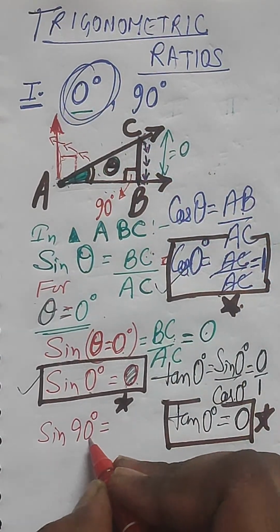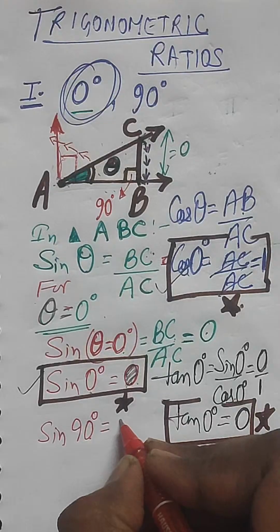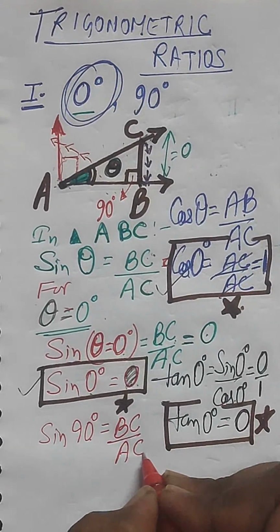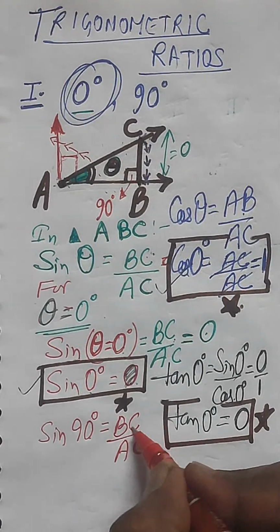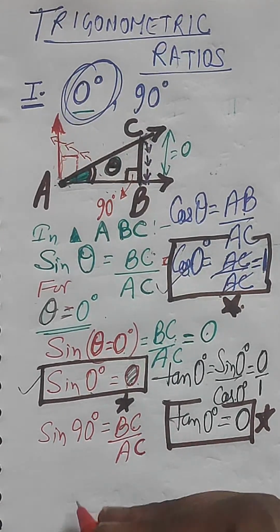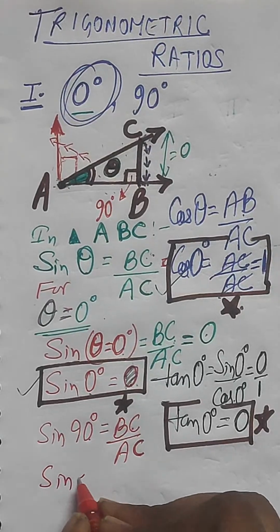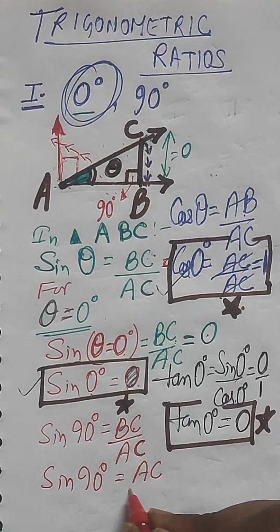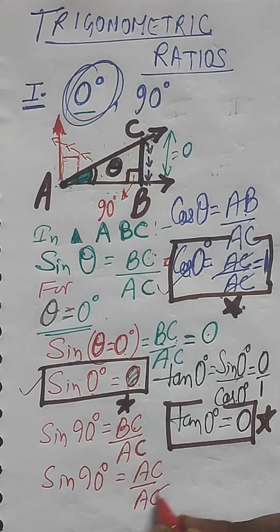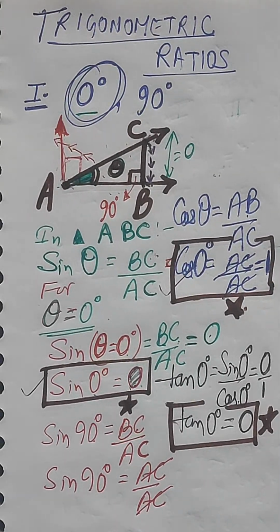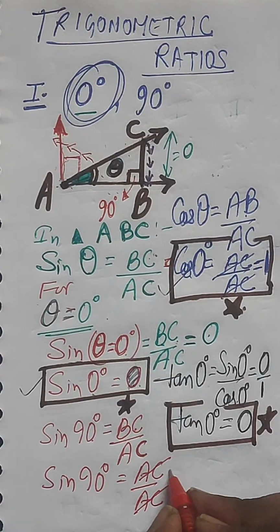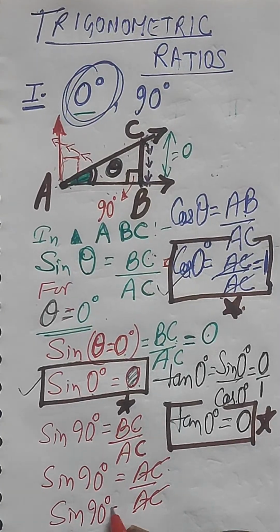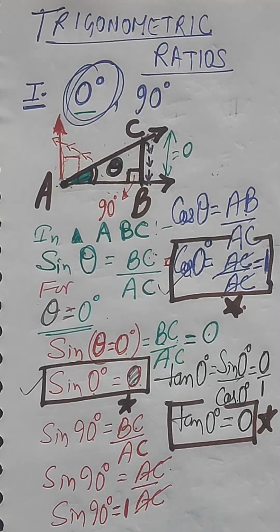So sine 90 degree will be equal to BC by AC, and in this case BC will be equal to AC. So sine 90 degree will be equal to AC by AC, which cancels out in numerator and denominator, and we get the value of sine 90 degree as equal to 1.